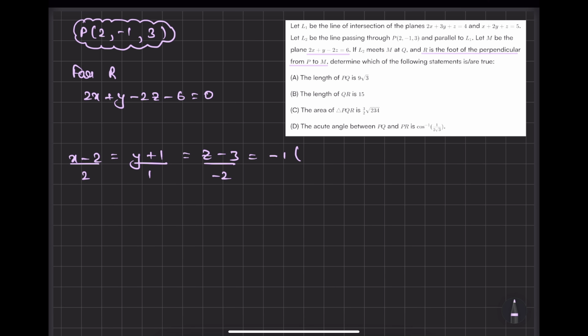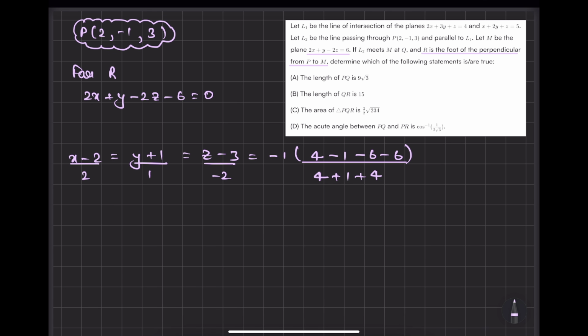So satisfying the point, it is 4, then minus 1, then 6, this is 6. So point satisfaction upon a square plus b square plus c square. So 4, 1 and 4.